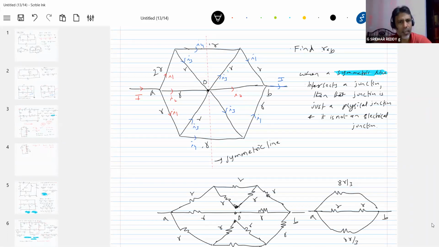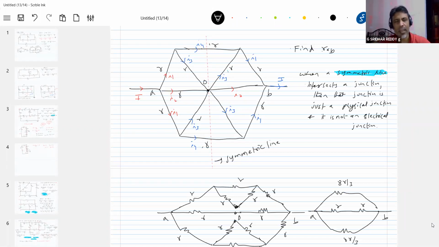No. The current here will be I1 and I1 dash. No longer is this only a physical junction. Okay, got it.